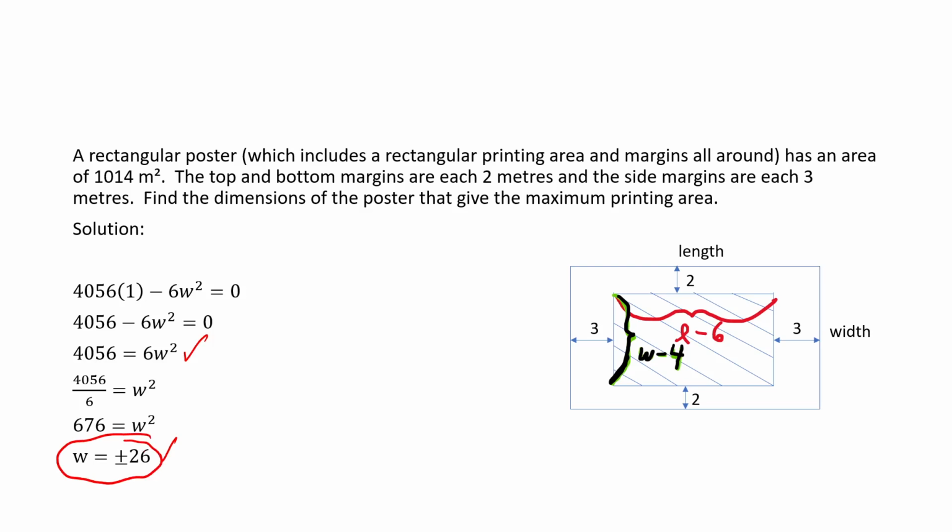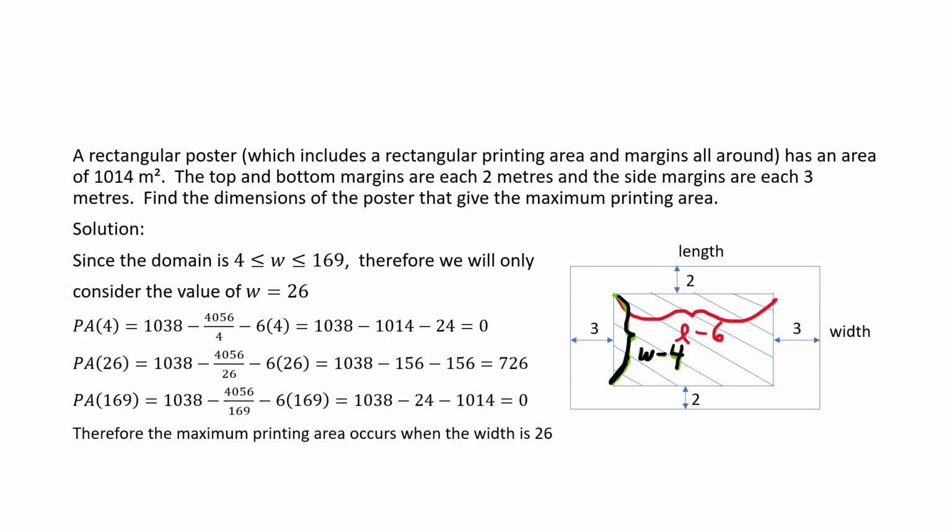Now, common sense tells us W cannot be negative, but another way to think of it is that our domain was 4 less than W less than 169. However you choose to think of it, the only valid answer for W is 26. So we're going to determine the printing area when W is 4, by plugging 4 into our printing area formula.